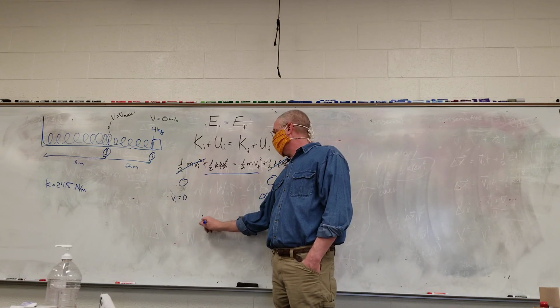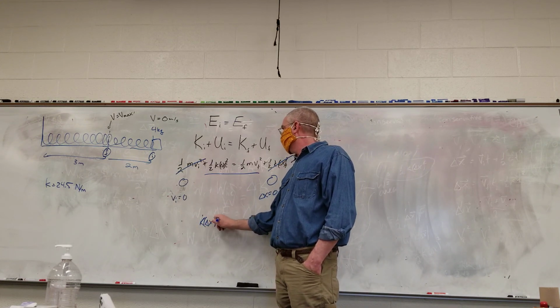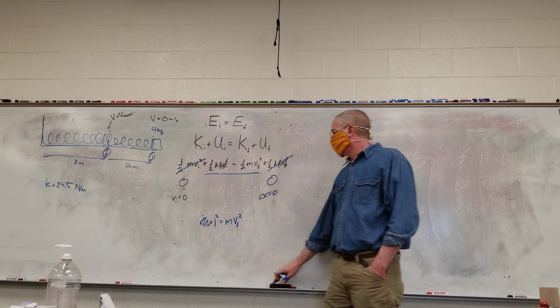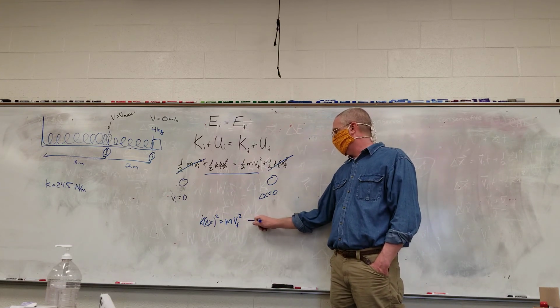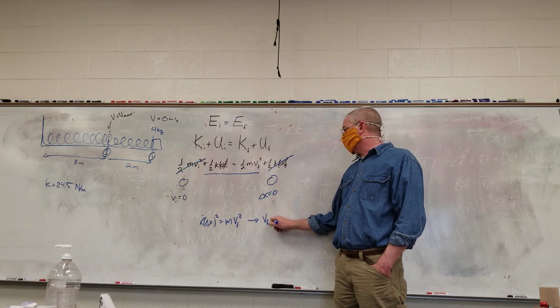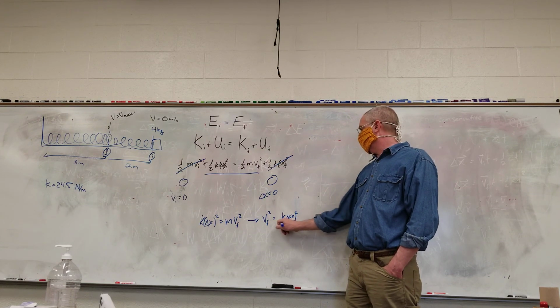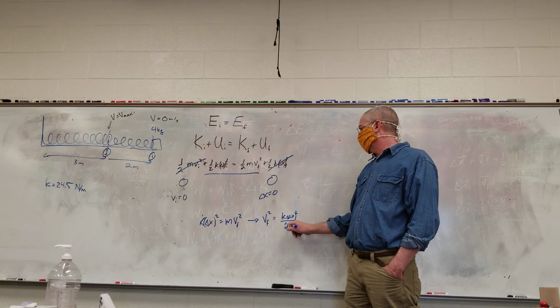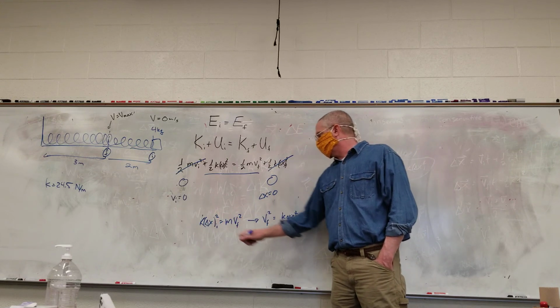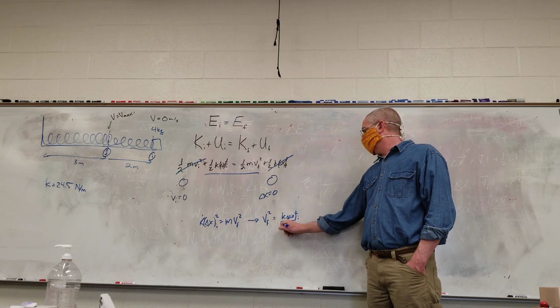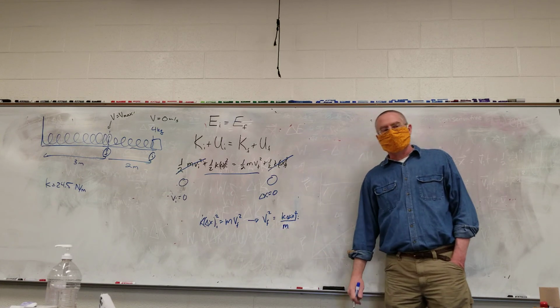So I'm left with k delta x squared is equal to m v final squared. So my final speed squared is k delta x initial squared over m.